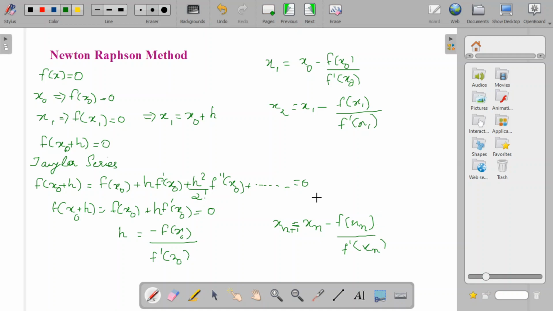So this is the solution for xn plus 1. You can find xn plus 1 from xn as xn plus 1 equal to xn minus f of xn divided by f prime xn. This is how you find it.